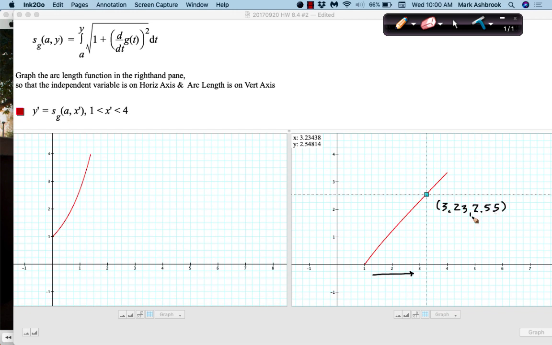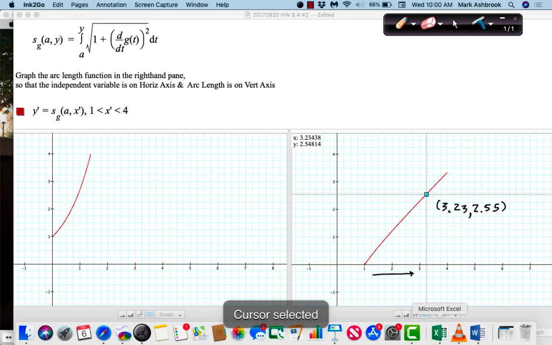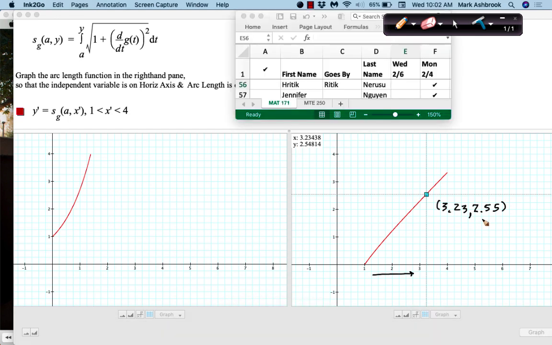So I want you to interpret the meaning of that point on this graph. What's the meaning of that point on this graph here? Go. So when x on this graph is 3.23, or 2.55? 2.55 is the arc length. Which arc length is it? Is it an arc length on this right graph or the left graph?